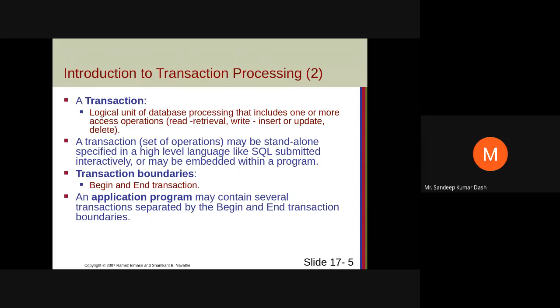But if it would have been 48 and two tickets have been issued to each of both persons, then it will be in an inconsistent state. So consistent state means with correct data. Inconsistent state means with incorrect data. If you take the database to an incorrect state, that means you are taking the database to an inconsistent state. Similarly, if it is in a correct state, that means it is in a consistent state.